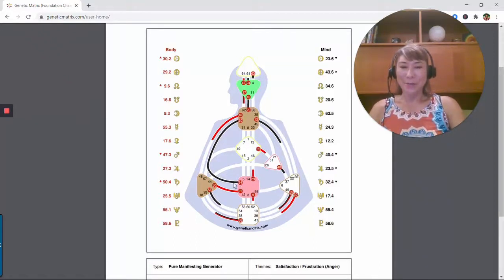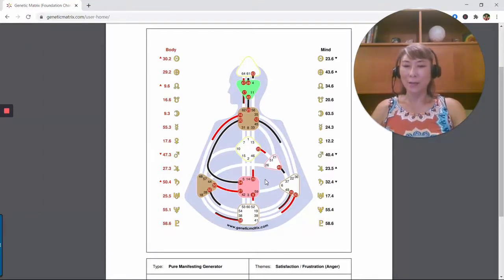This channel of the 34-20 is also the only channel that runs directly from the sacral motor to the throat for expression. So this is the only energy that has no other center in between that can step down this sacral motorized energy to sustain life force in an ongoing way.